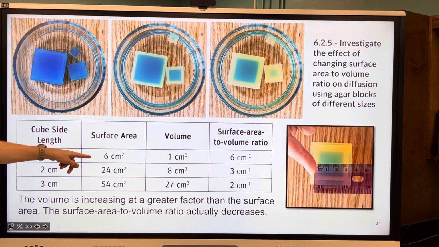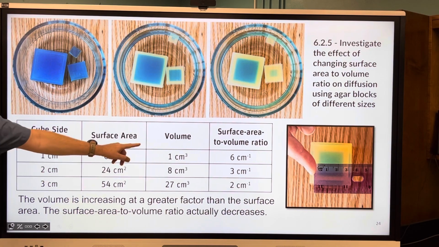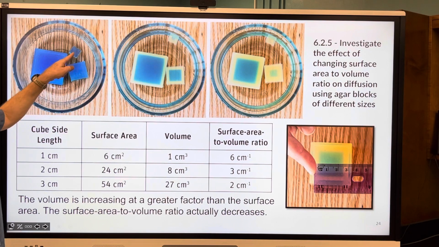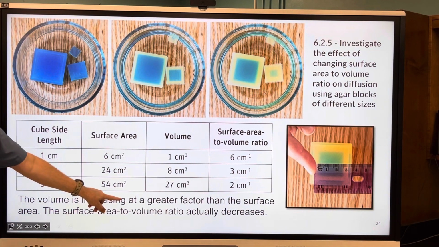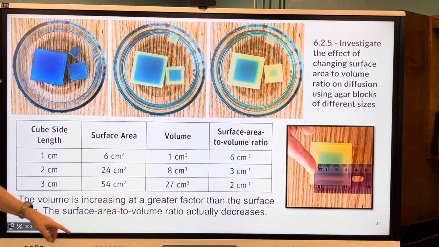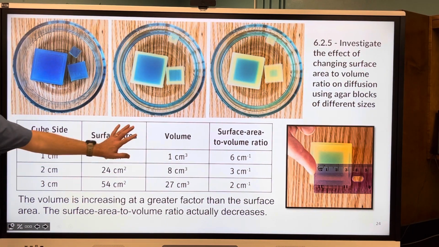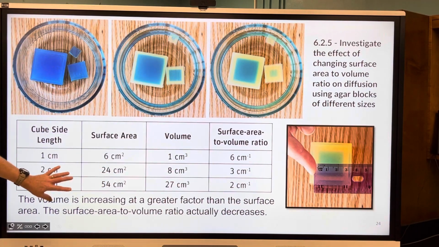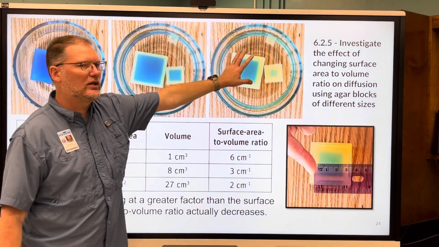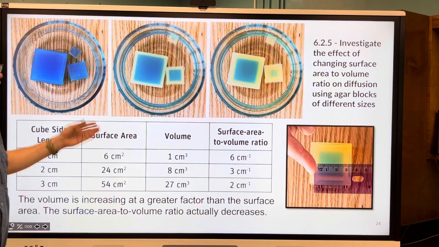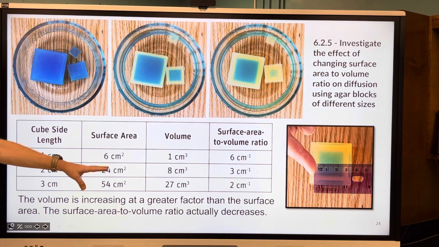The surface area of each is measured here. The volume is 1 cubic centimeter, 8 cubic centimeters, and 27 cubic centimeters. So what you're going to see is the volume is increasing at a greater factor than the surface area. So this can all be determined before you actually do this experiment, okay? Because all you're doing is measuring these things.